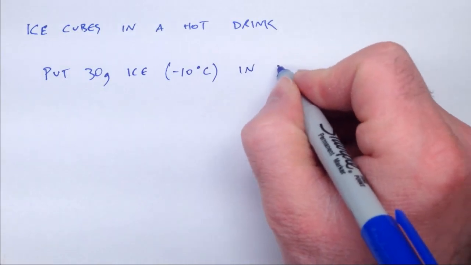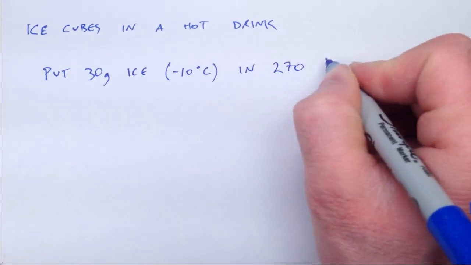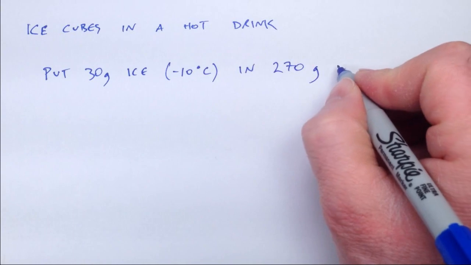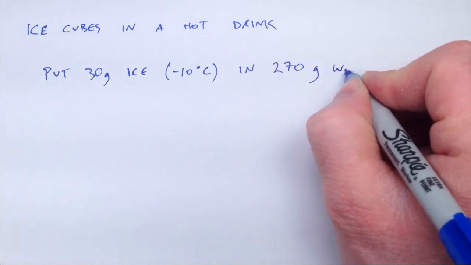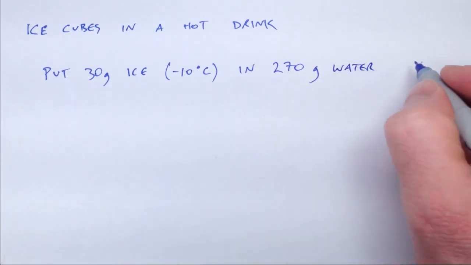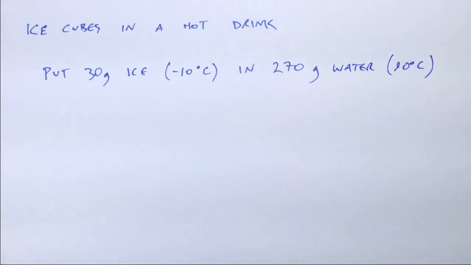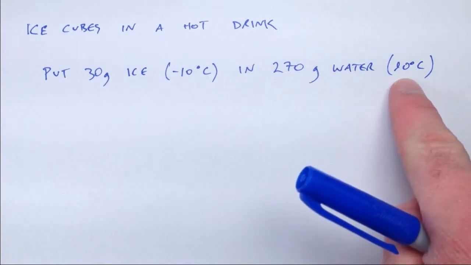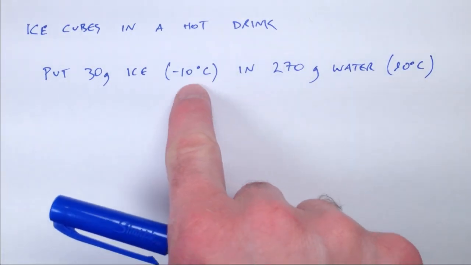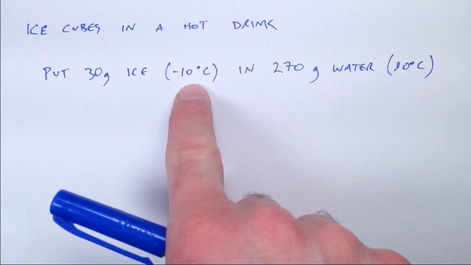And we're going to put that in 270 grams of water that is quite hot. It is at 90 degrees C. So there's a 100-degree difference between them. This is 10 degrees short of boiling. That's 10 degrees below freezing.